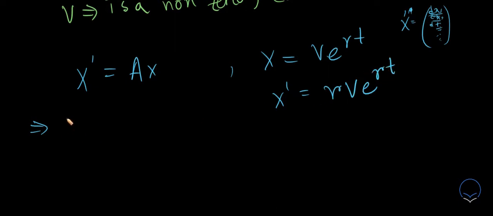So let's write that as x prime, r v e to the power rt, equals A x, but x is what? v e to the power rt, right?